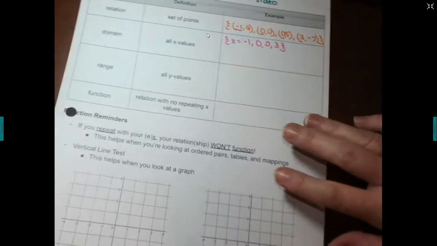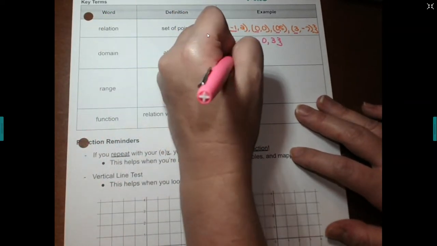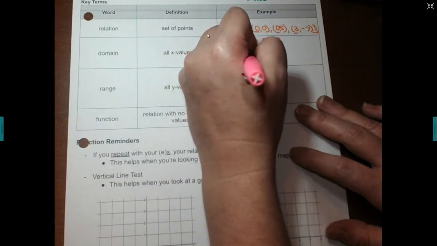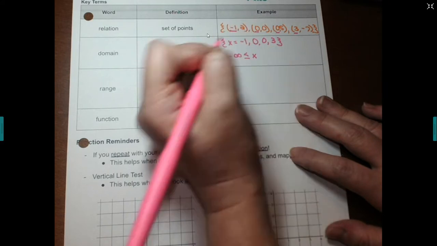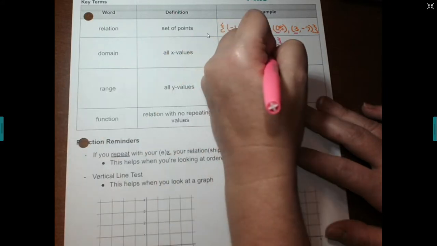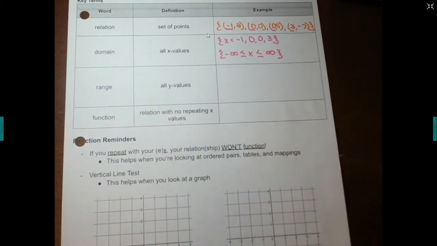So domain also sometimes can be written as -infinity is less than or equal to x, because that is our value that we're working with for domain, which is less than or equal to infinity. So those are two examples of what domain might look like.